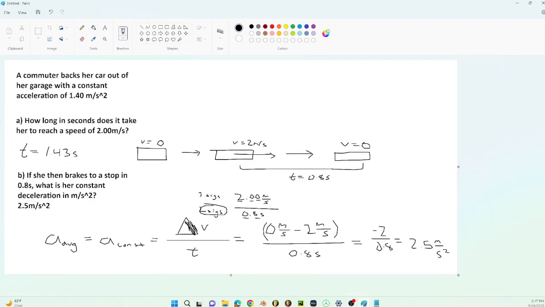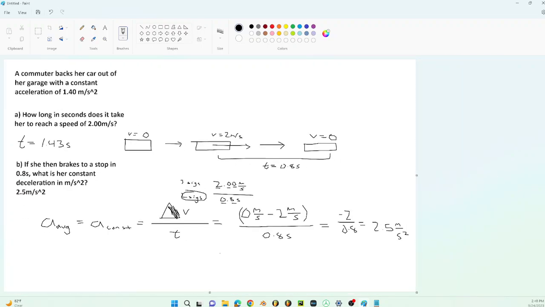And that is the end of this video. If you are curious as to how I knew that the units are meters per second squared, outside of us looking for acceleration. Oh, my apologies. Negative 2.5 meters per second squared.